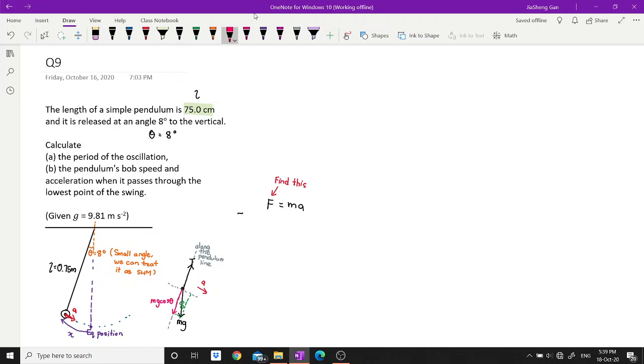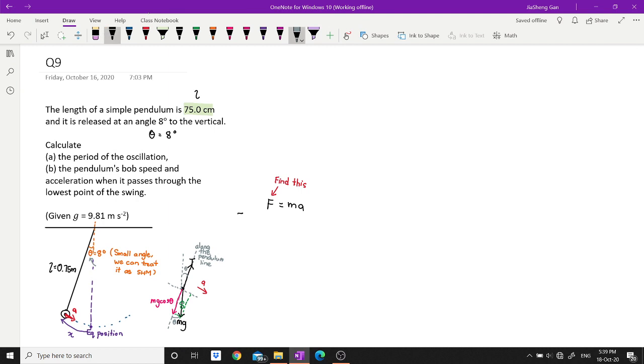Well, you might be thinking, how do I know which one is cos, which one is sine? I'll just elaborate a bit. If you draw this line here, this will be the theta. Therefore, this will be the theta. That's why it's mg cos theta. The theta comes from here.